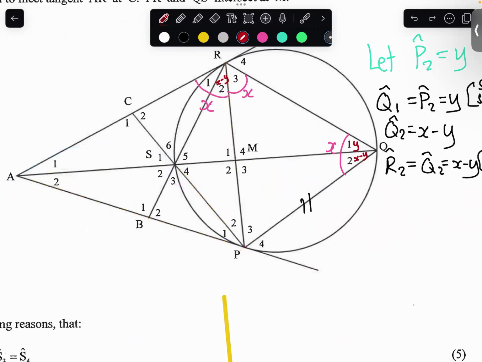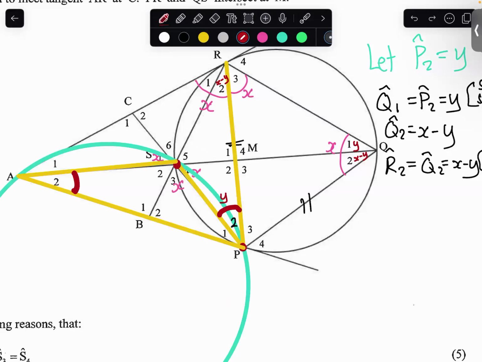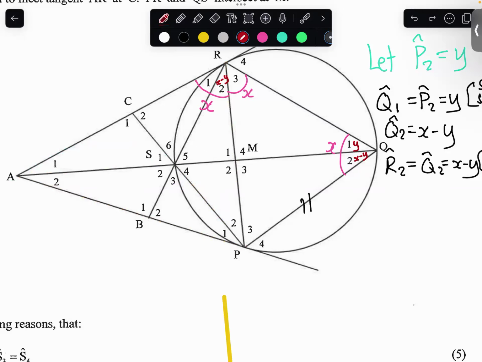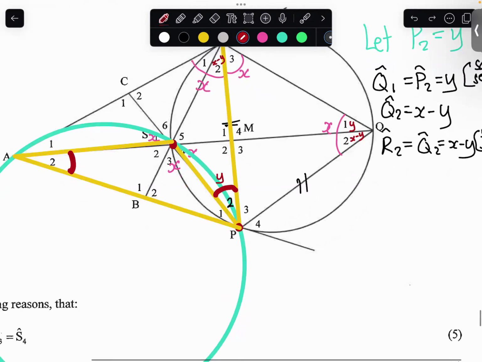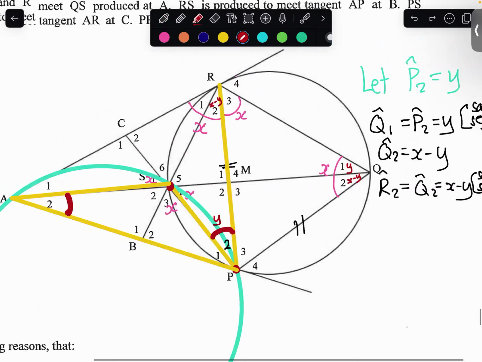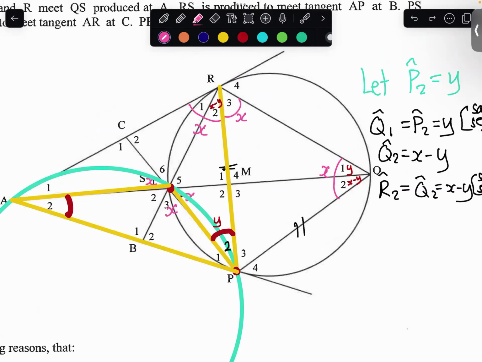Again, I'm going to show you that. P1 and R2. Okay, so P1 and R2 are equal because of tan chord. I'm just showing it to you. So this is going to be this. P1 is an angle between a tangent and a chord, and that chord subtends R2.